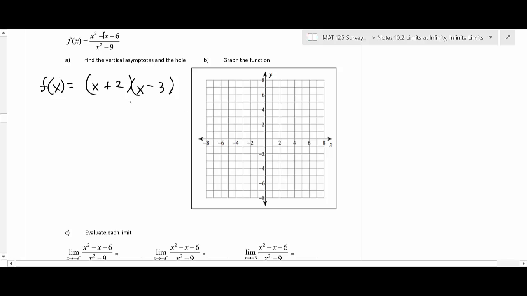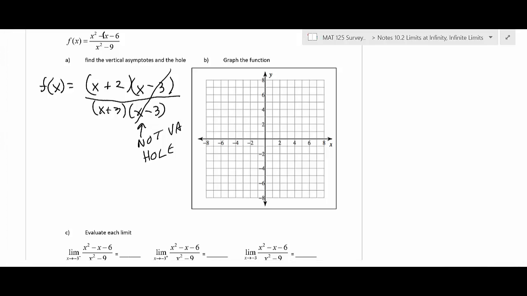All right, so we got that. And then the denominator, that's the difference of 2 squares. You need to see that automatically. That one is x plus 3, x minus 3. Now watch this carefully, because when something cancels, that's not a vertical asymptote. That is a hole in the graph. The function is undefined at 3, so there's going to be a little hole in the graph there.